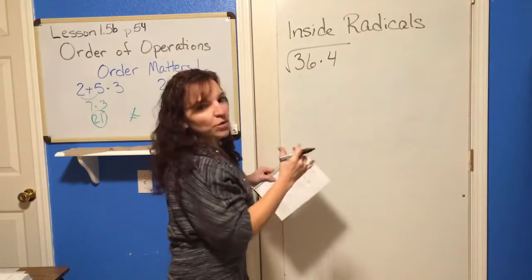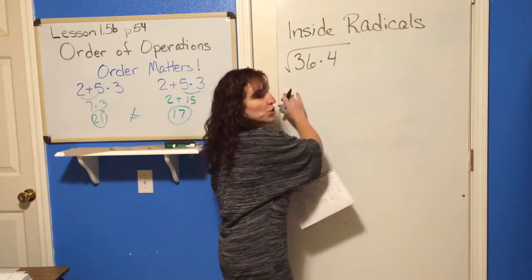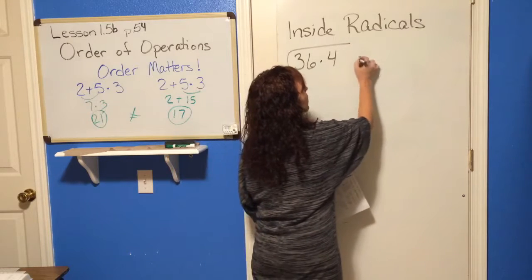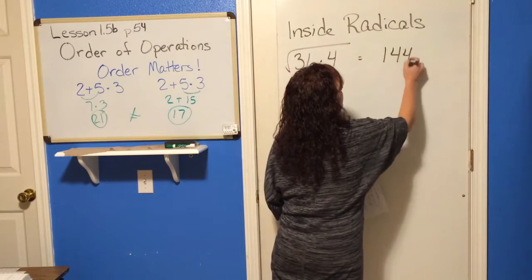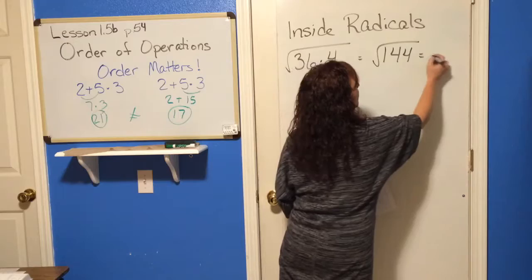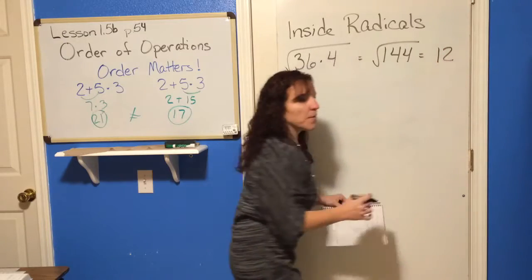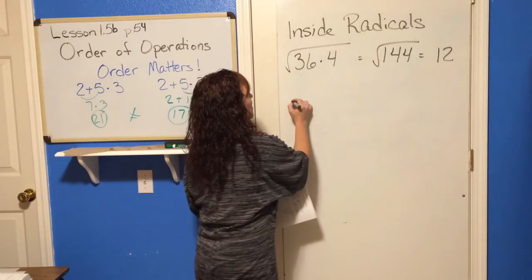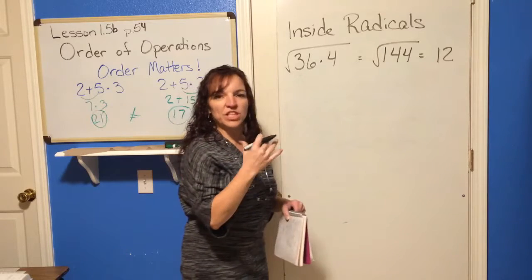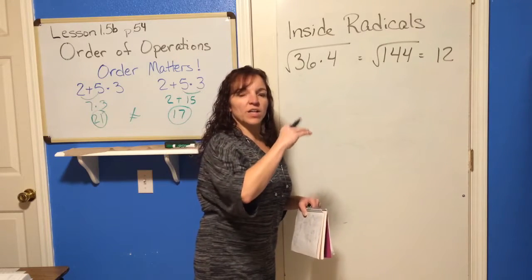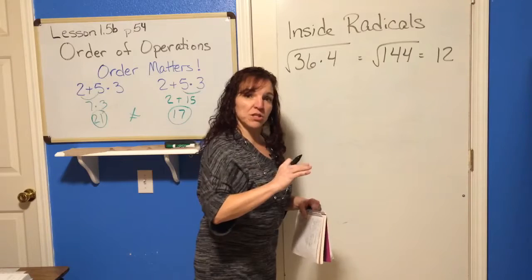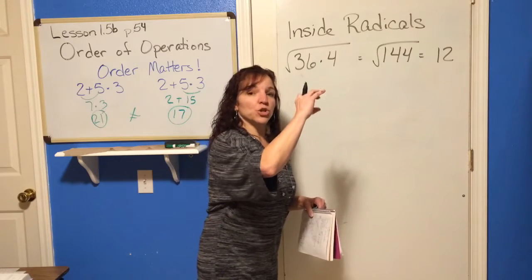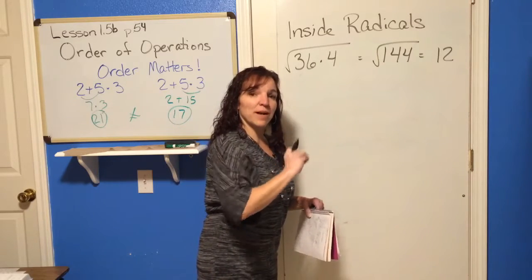you can either multiply that first and get 36 times 4 is 144, and the square root of 144 is just 12. Or you can divvy that up, kind of like what we did with the division problems. If you have a square root of a fraction, you can divide it up into a square root divided by a square root.